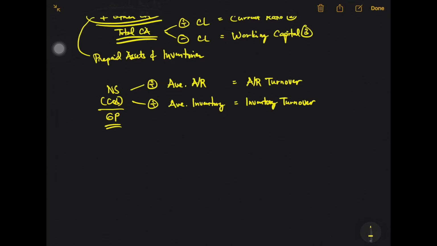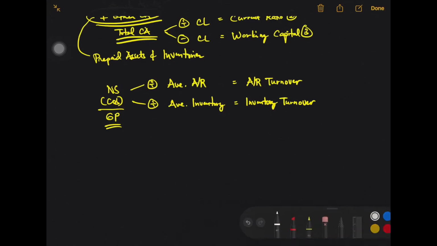That's the accounts receivable turnover. While for inventory turnover, this tells you how many times you were able to convert your inventory to accounts receivable or sales in a year. That's inventory turnover.